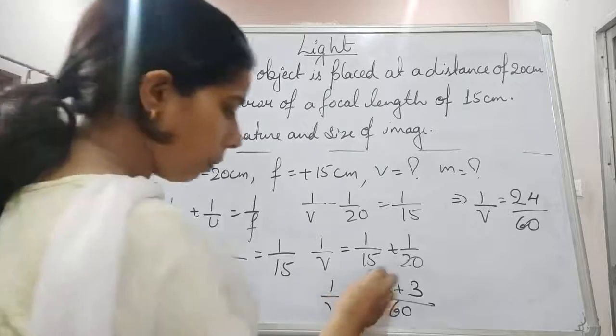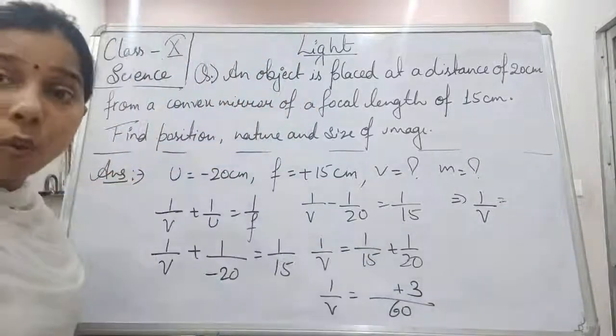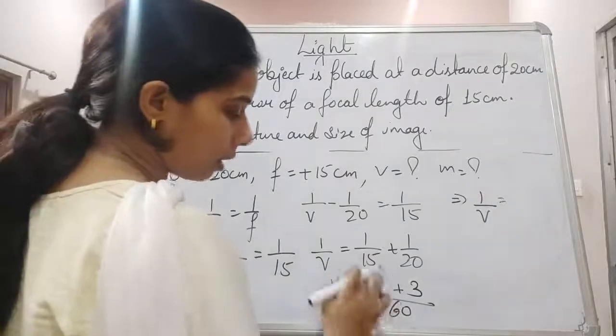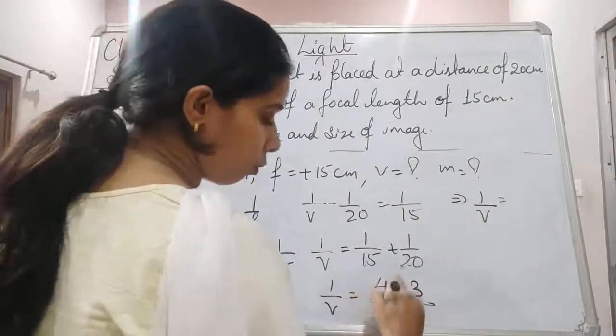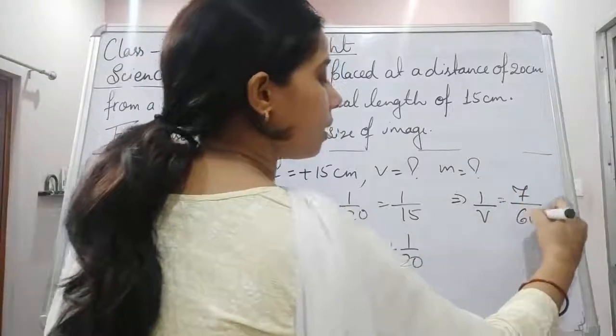Sorry students, 21 is a very high answer, it will be 4. 60 divided by 15 is 4, and dividing 60 by 20 it will become 3. So it will be 4 plus 3. Now this will be equals to 7 upon 60.